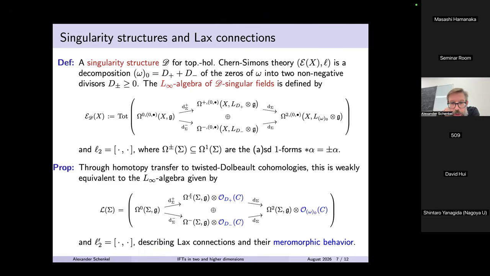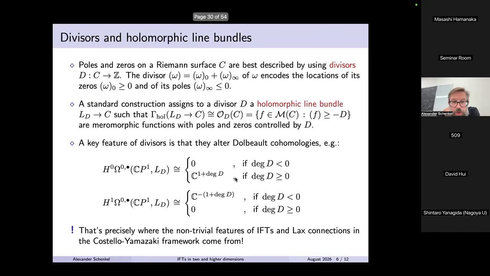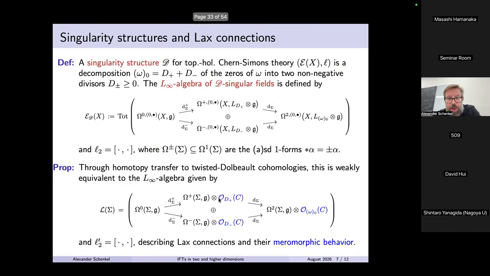Here we computed the del bar, the Dolbeault homologies on C. So you see that here new features appear, meromorphic functions on C. They of course come by computing the Dolbeault homologies and using the main feature of divisors, that holomorphic sections of the line bundle are the divisor conditioned meromorphic functions. Okay. So here a meromorphic dependence emerges of the gauge fields. And here also meromorphic dependence emerges.